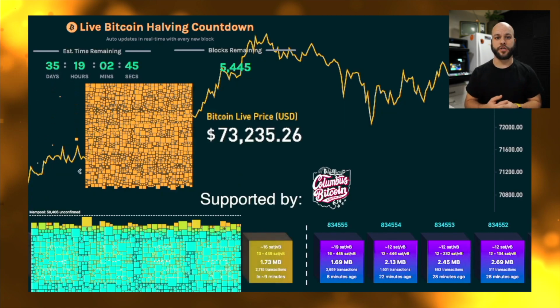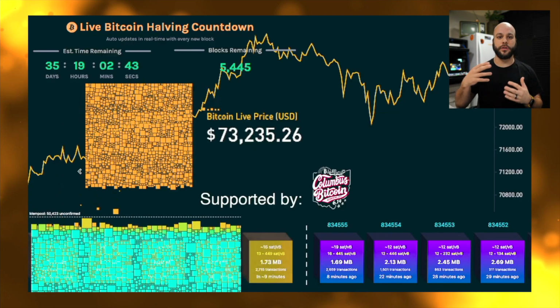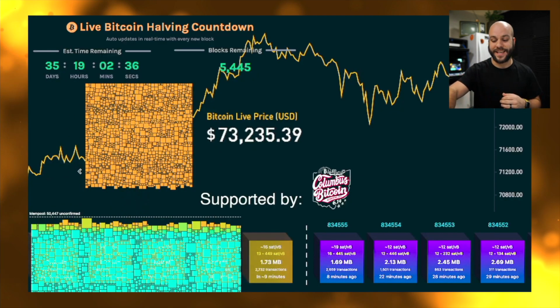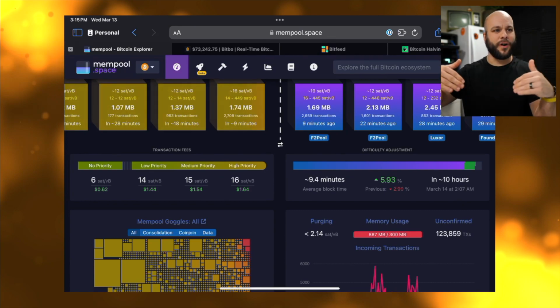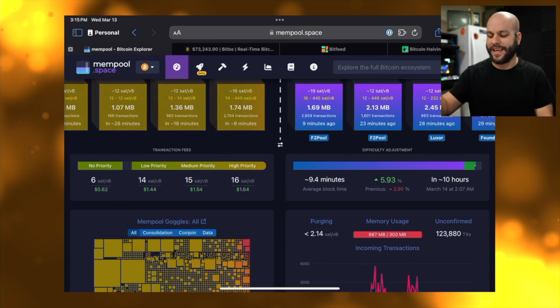Another thing I'd like to mention here is that none of these tools are actually my own. These are not things that are created by me. I don't own or operate the code that goes behind this. So I'd like to take a second and just give the credit where credit is due. The bottom of our feed is the top of mempool.space. If you'd like to, you can go to mempool.space and see some of the same information.